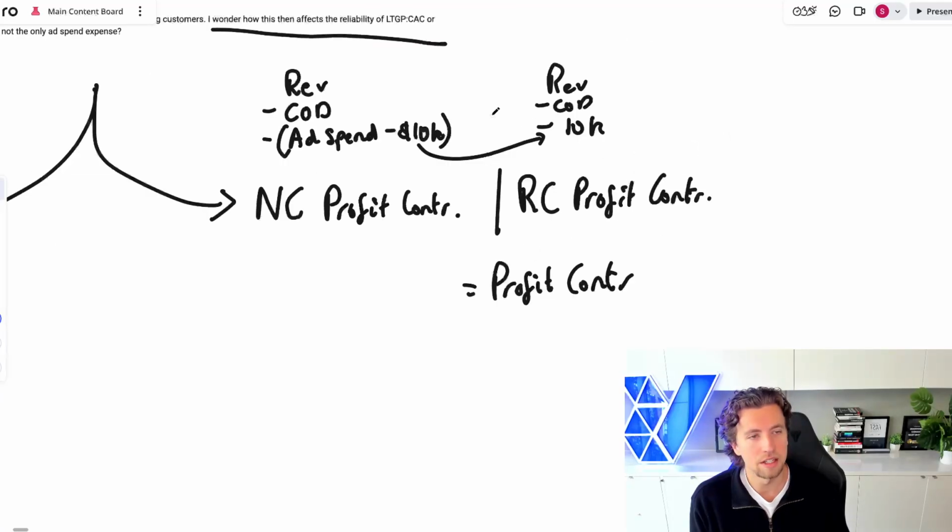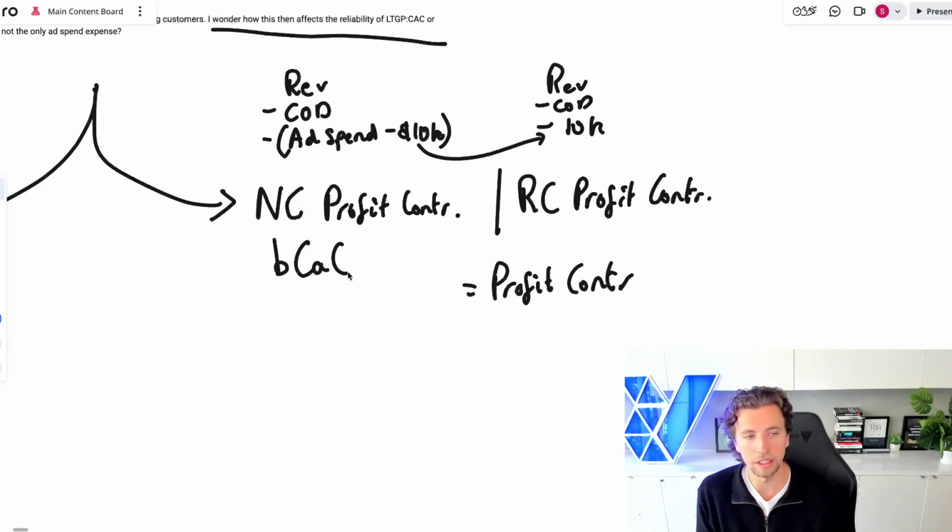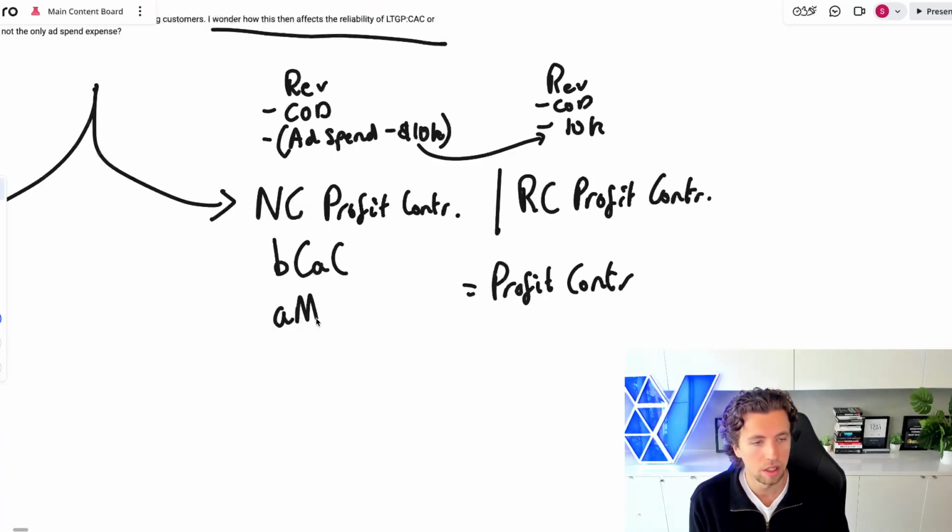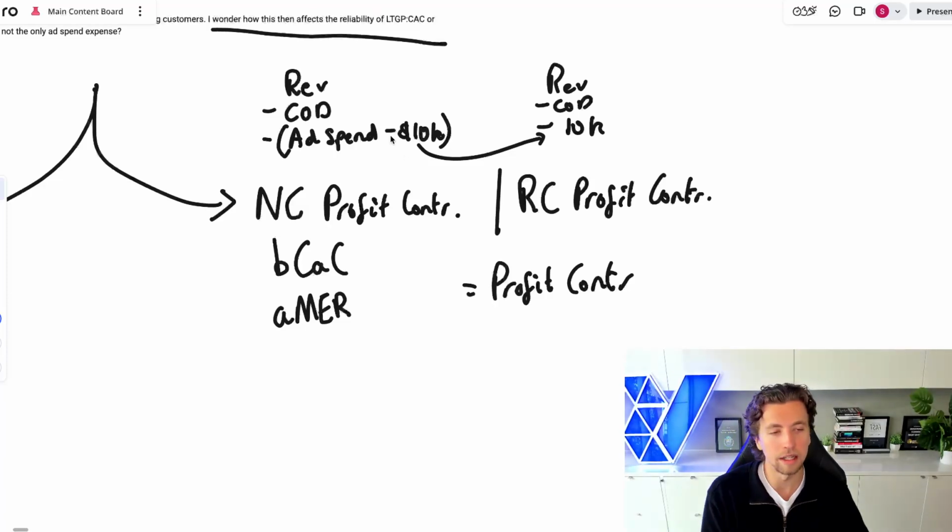Now, in this case, this also allows you to then calculate a blended CAC here that is non-inclusive of returning customer revenue, and it allows you to calculate acquisition MER that also is non-inclusive of the returning customer ad spend allocation.